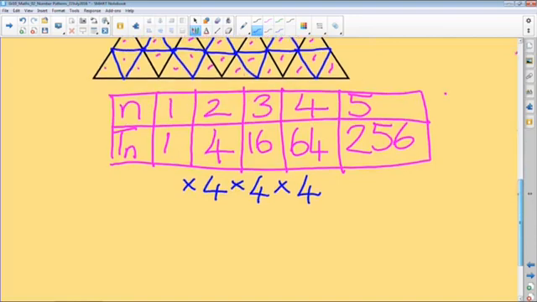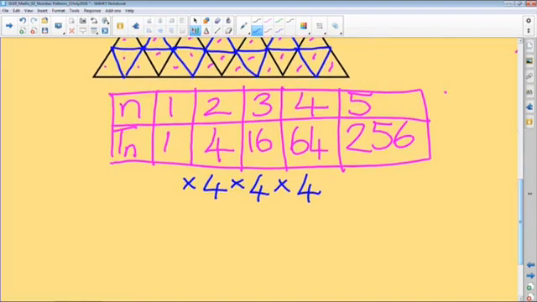I'm going to make this a little easier for myself by rewriting 1 as 4 to the power of 0. And then 4 as 4 to the power of 1. And 16 I'm going to rewrite as 4 to the power of 2. And I multiply that by 4 to get the next one, which is 4 to the power of 3.